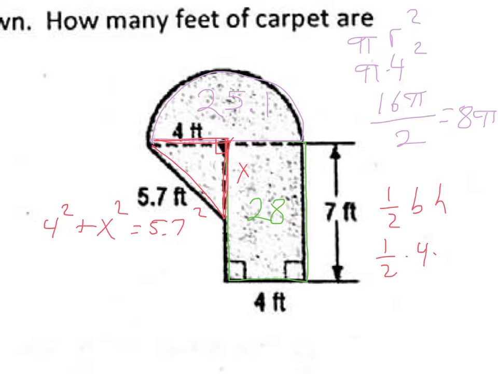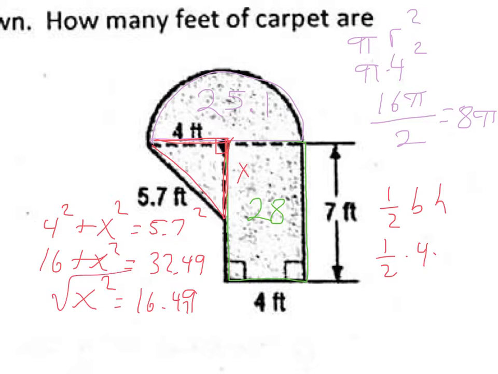When we do that, we end up with 16 plus x squared equals 32.49. Subtract 16 from both sides, and x squared equals 16.49.